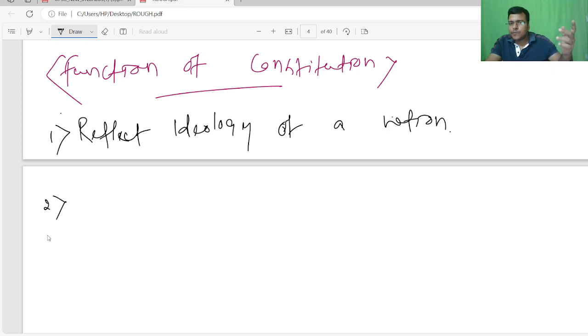Understand ideology. Already I have told you, ideology is a democracy, constitutional monarchy, or any other ideology. What type of ideology a nation promotes is determined by the constitution.